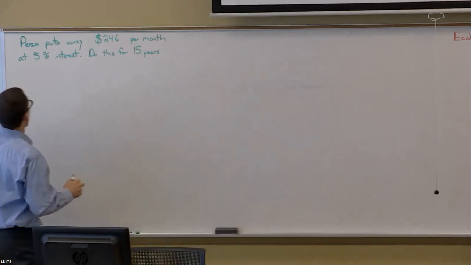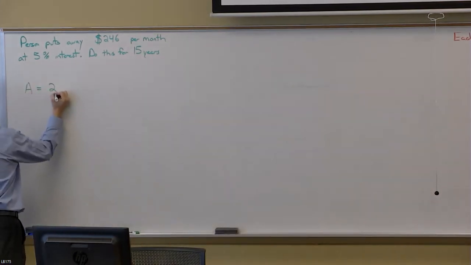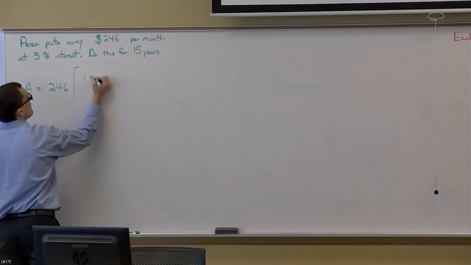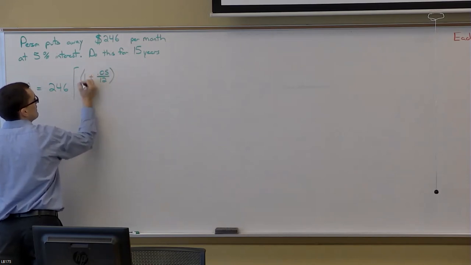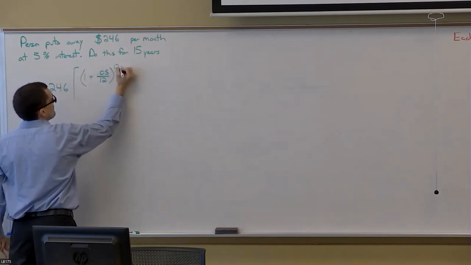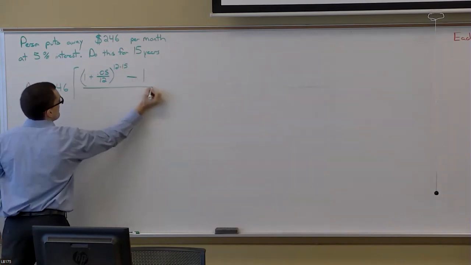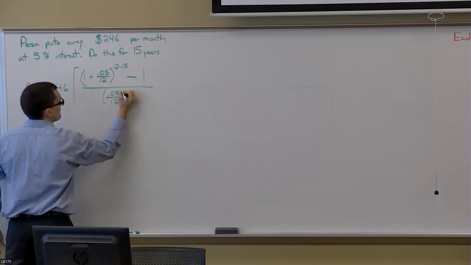Okay. So let's calculate how much we'll have at the end of 15 years. $246 is the payments. 1 plus 0.05 over 12 to the 12 times 15, minus 1, divided by 0.05 over 12.